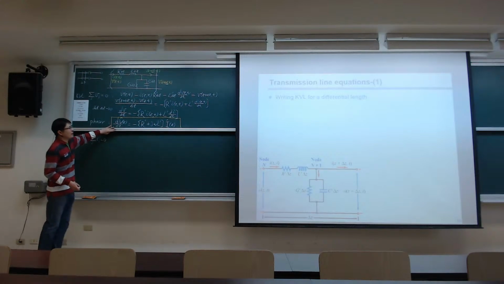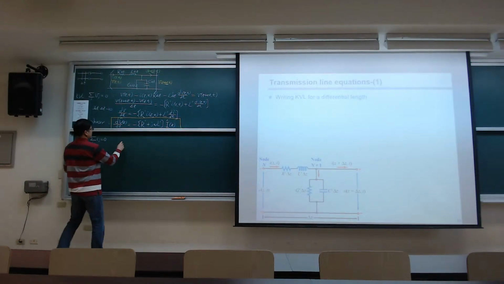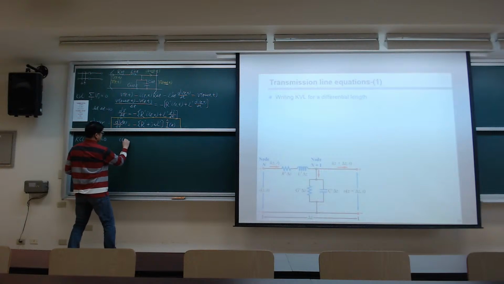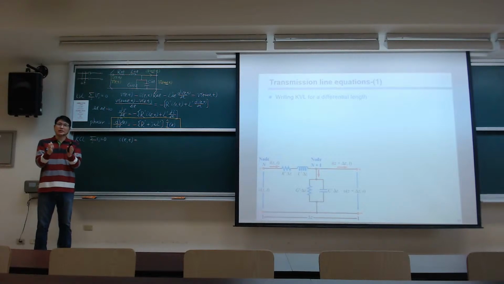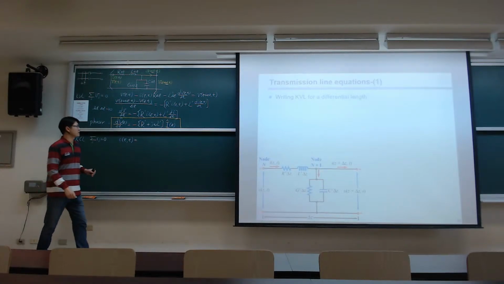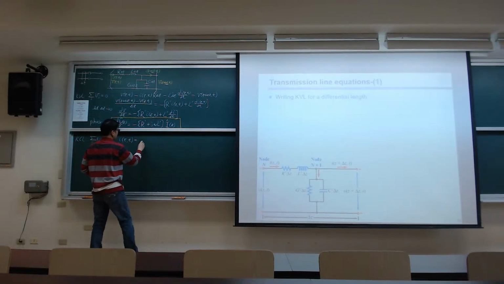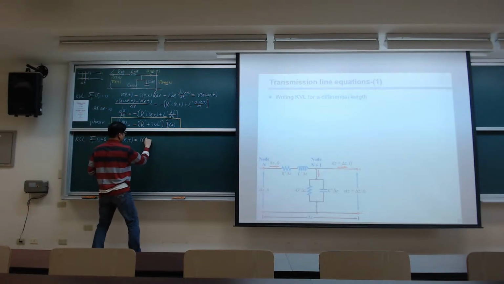So the way to write this one is, this is my input current. It will be split into 3 different branches. The first branch is the easy one, my output current.